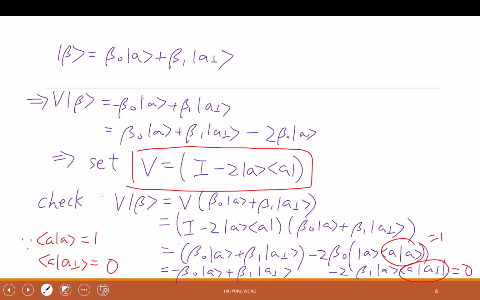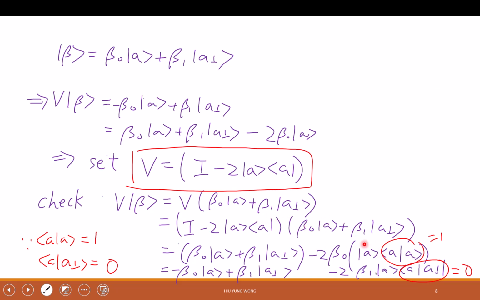Yeah. Good question, right? So first, I times this whole thing, you get this. Is that okay? I times beta 0 A plus beta 1 A perpendicular, you get this, right? And then you need to do negative 2 outer product A times beta 0 A, right? This is negative 2 beta 0 outer product A times A, right?